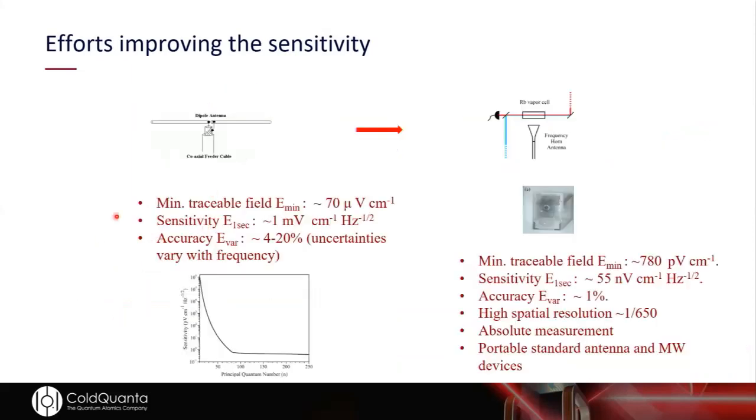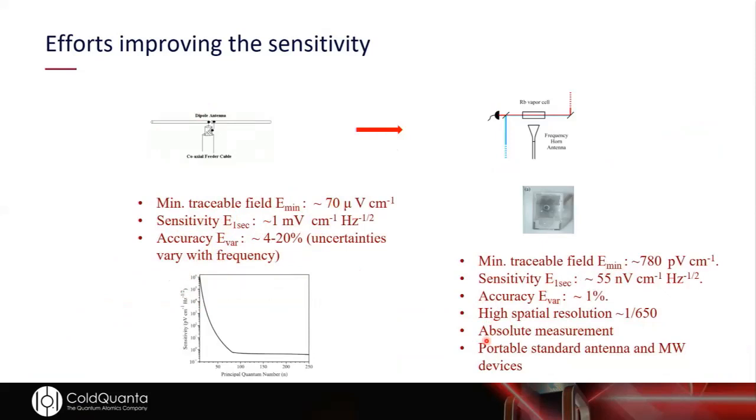Here is the comparison of the atom-based method to the dipole antenna. The minimum detectable field and the sensitivity are almost 5 orders better than the dipole antenna methods. The accuracy is also greatly improved. Especially, we achieve a very high spatial resolution, which is hard to do using the dipole antenna method.